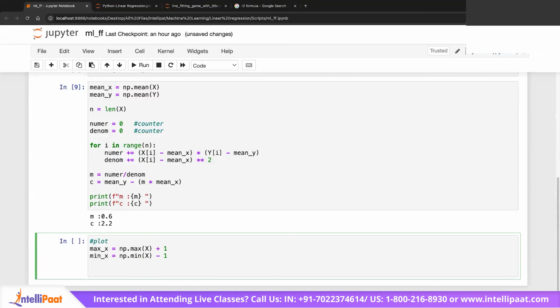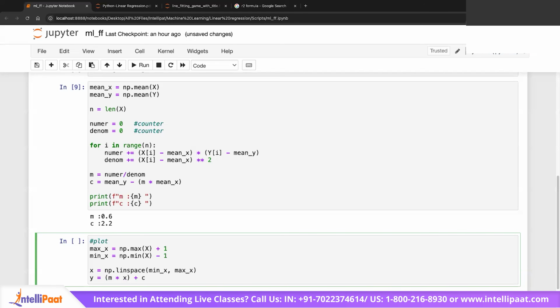Okay. Who knows this np.linspace? Have you all used the method called linspace? Have you all heard of something called linspace? Comma, max of x, right? You guys have heard about something called this, right? Mx plus c, correct.